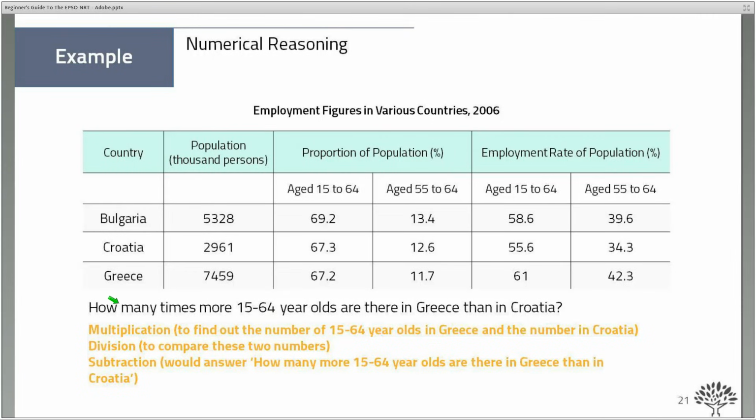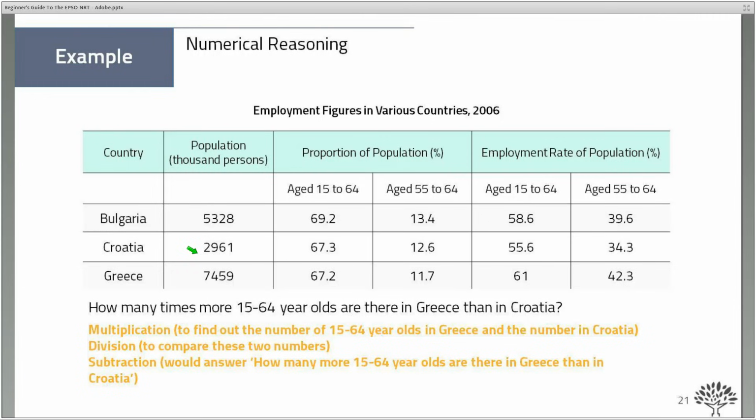If it had said how many more, rather than how many times more, but how many more 15 to 64-year-olds, that would clue you in that that final step would be subtraction instead. And that's because you'd be looking for the absolute difference rather than the relative difference, which looks to be around 5,000.